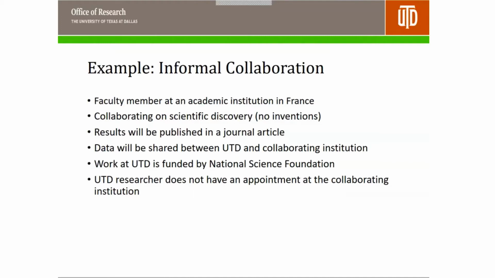But on the other hand, as you'll see in a little bit, there are still risks related to export control compliance and conflict of commitment, even whenever you're talking about an informal collaboration like this.